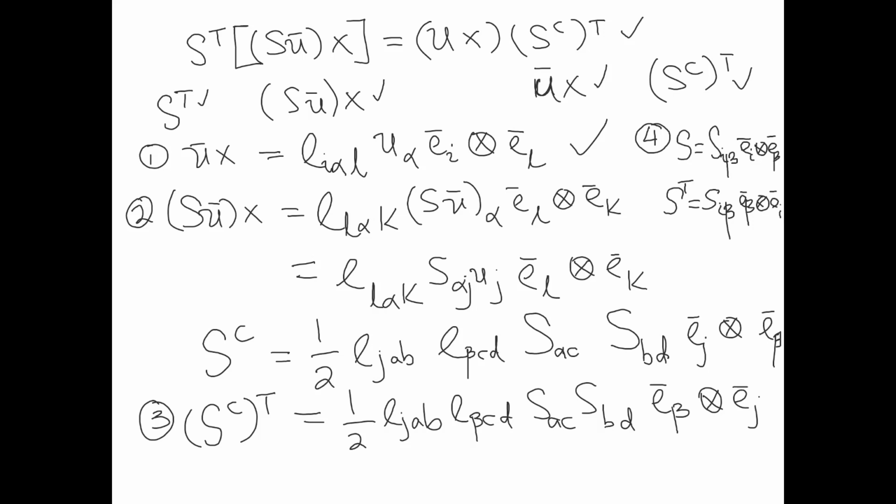Another way that you could write your S transpose is to leave the dyad and swap the index on your S. So another way of writing your S transpose is S_βi e_i ⊗ e_β.